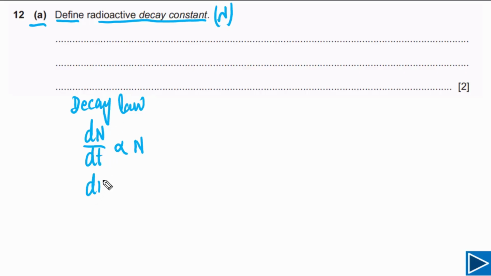We can also say that dN by dt is equal to lambda N. Lambda is the constant of proportionality, or simply you can understand this is the radioactive decay constant. We also use the negative sign in front of lambda. We need to understand the significance of this negative sign. This negative sign simply tells us that the number of nuclei in the sample decreases with time.